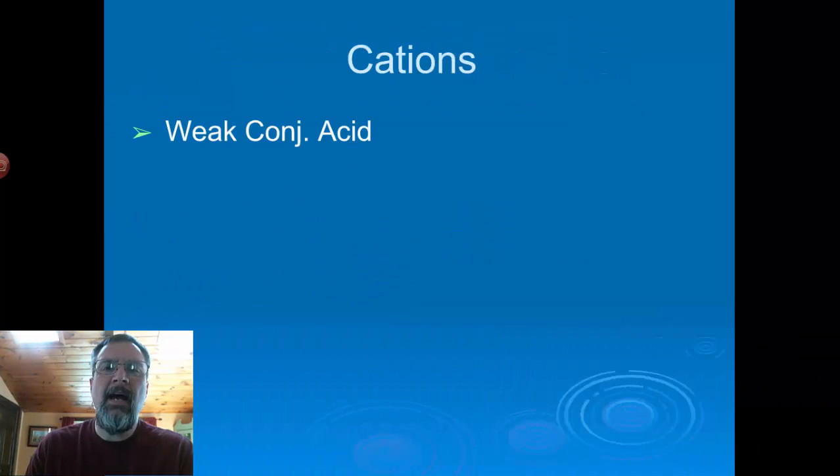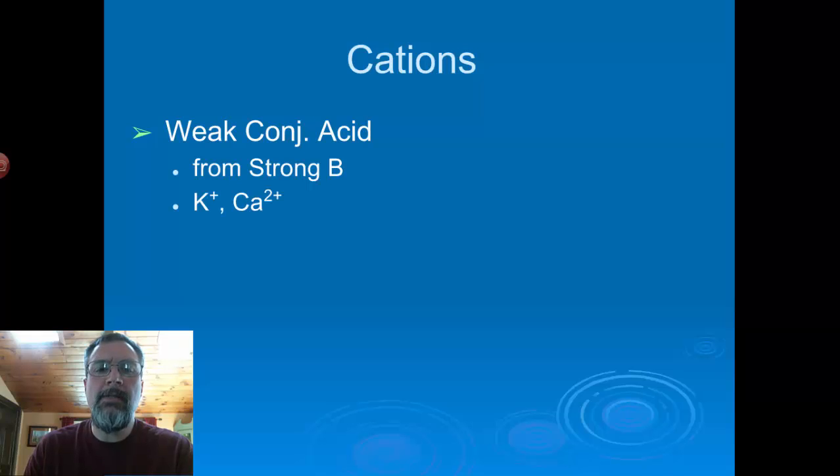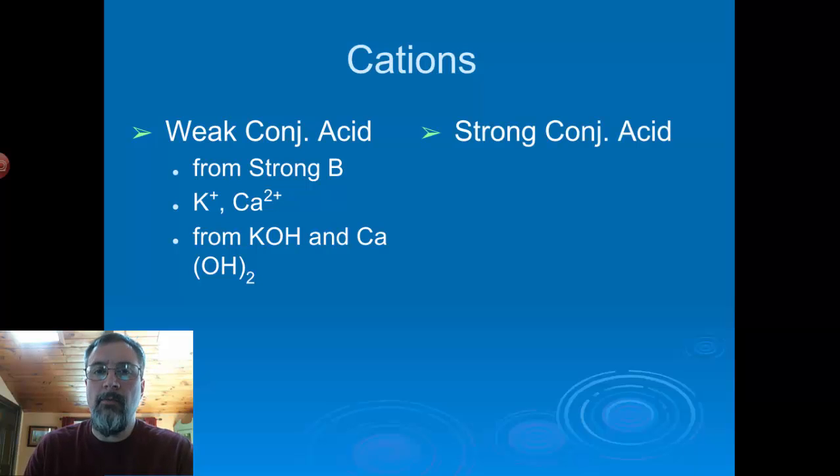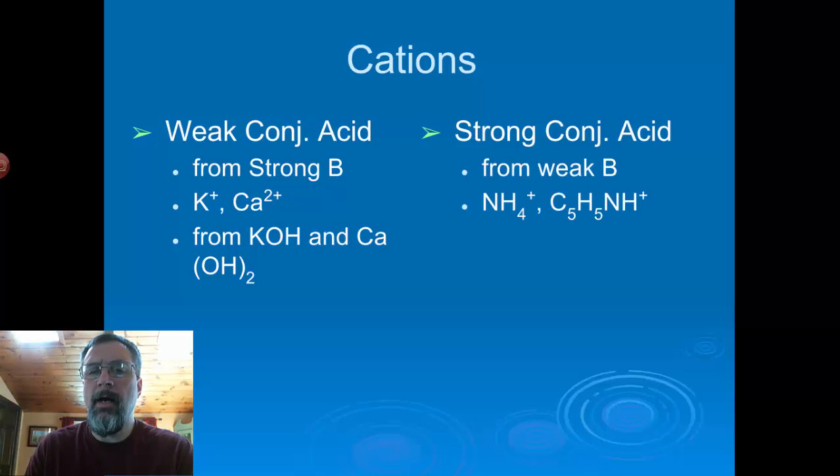Okay? Cations in general, you'll have weak conjugate acids if they come from strong bases like 1 or 2 plus ions, the alkali metal ions, alkaline earth metal ions. Those come from strong bases. Okay? Strong conjugate acids will come from weak bases, so things like the ammonium ion or C5H5NH plus, which is called the anilonium ion.